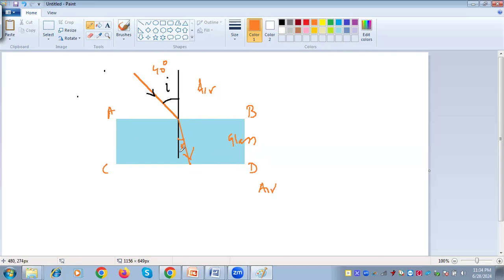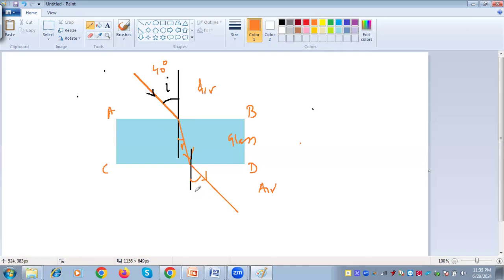This will be smaller in the second medium, and in the second refraction it will be the same, because the two sides are parallel to each other. AB and CD are parallel, so this one will also be 40 degrees. Same angle. Air to glass, bending towards the normal; glass to air, bending away from the normal.